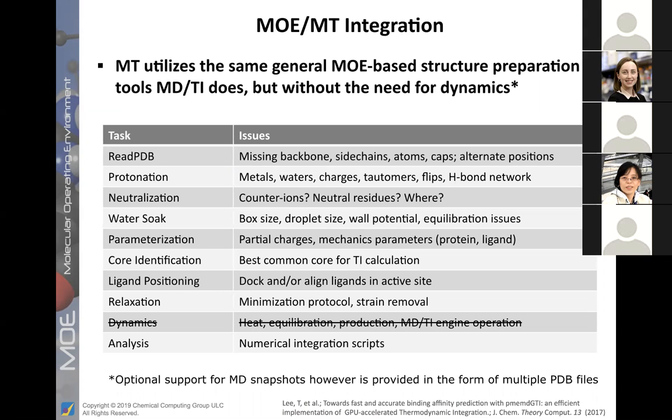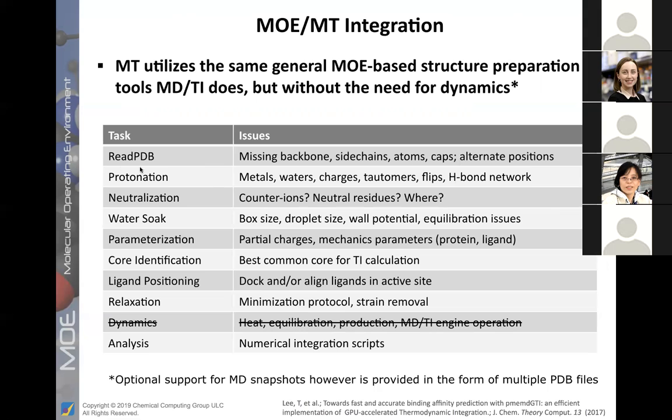So you'd go through, you have to read the PDB file, you have to generate any missing side chains, backbones, that sort of thing. Again, garbage in, garbage out. If a structure isn't properly prepared, it doesn't matter how fast the calculation is. If you're going to give it a poor set, you're going to get what you pay for, as it were.